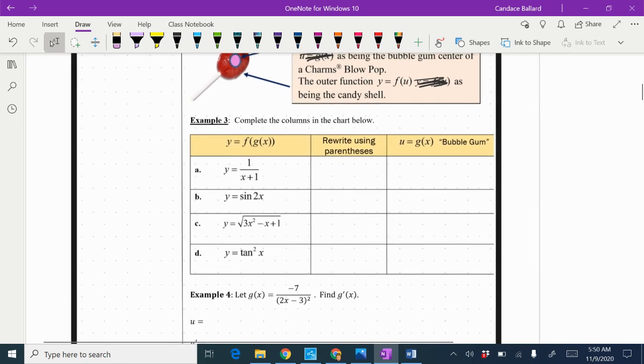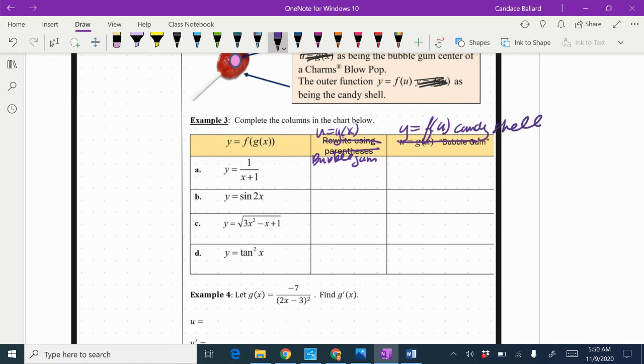I copied and pasted and I missed something, so there should be another part of our chart. We're going to rewrite with parentheses just in the original. This is going to be u equals g of x, which is the bubblegum, and then y equals f of u, which is our candy shell. Let's just get used to writing that.